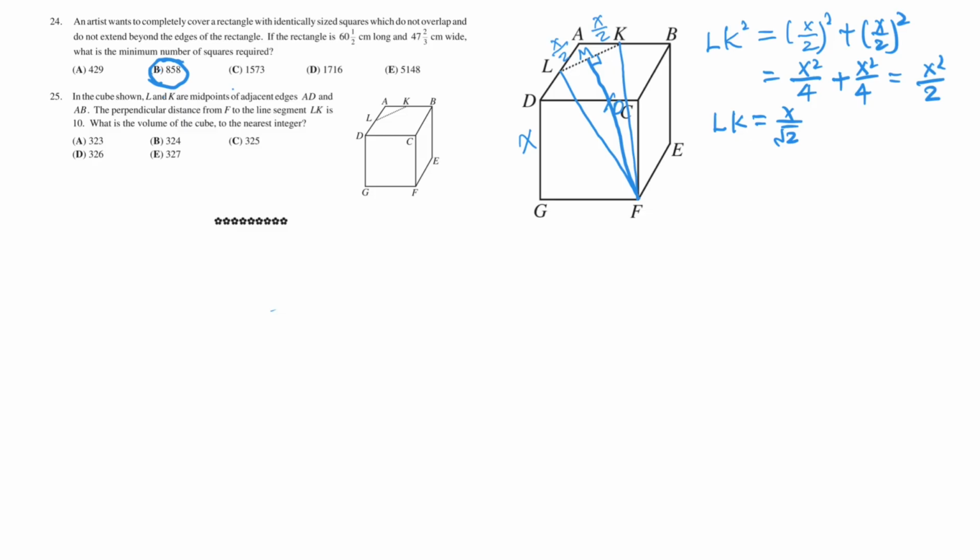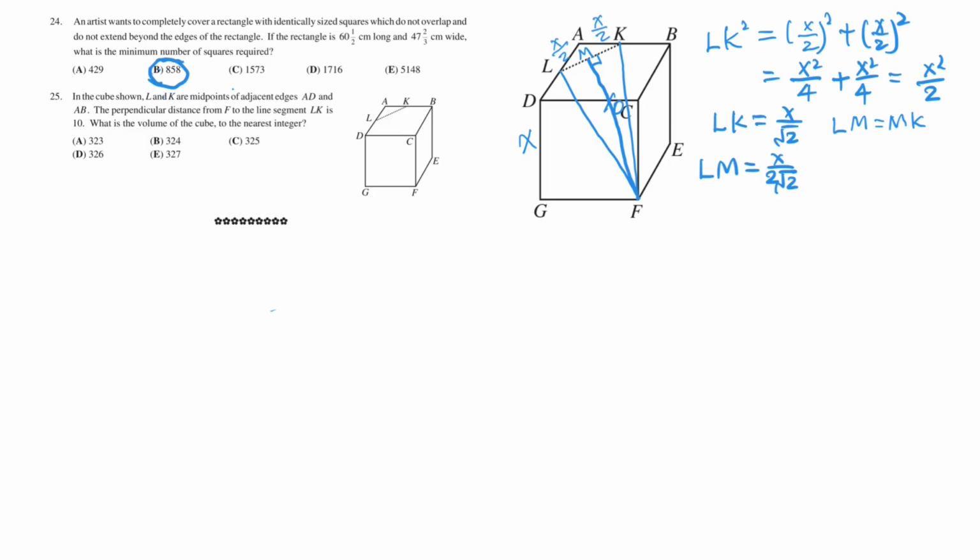So LM equals MK. M is also the midpoint because it's an isosceles triangle. That means LM equals half of LK, x over 2 square root 2. That's the LM.